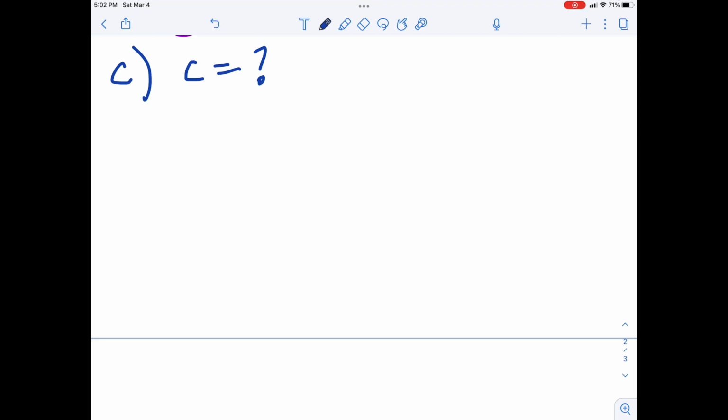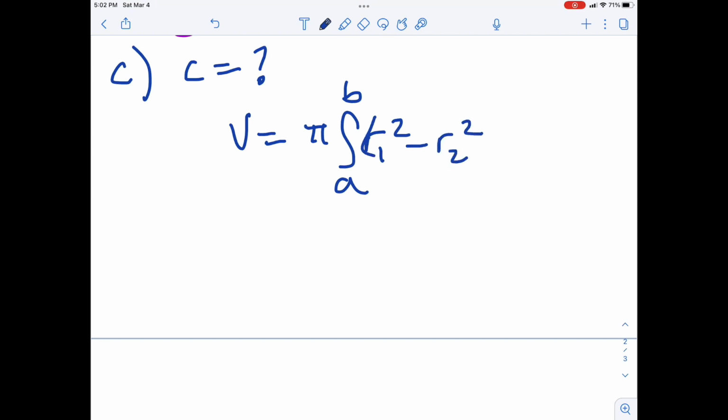So I'll write out the general formula for revolving something around the x-axis, and you get volume equals pi times the integral from a to b of your outer radius squared minus your inner radius squared, across whatever variable you're integrating with respect to. Let me rewrite this in terms of what we know.